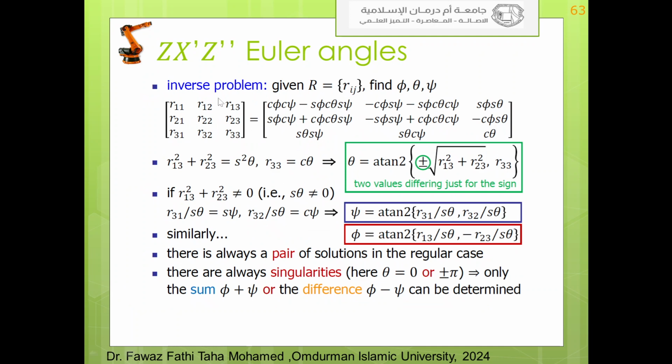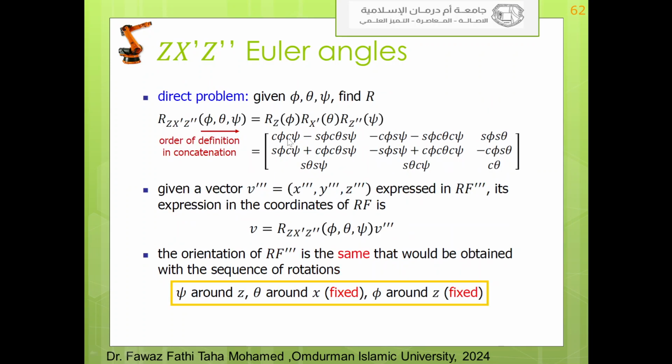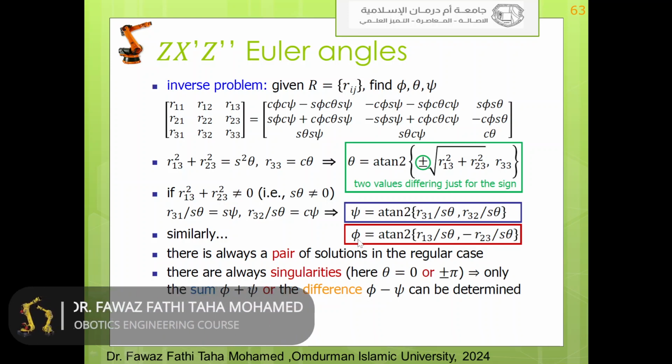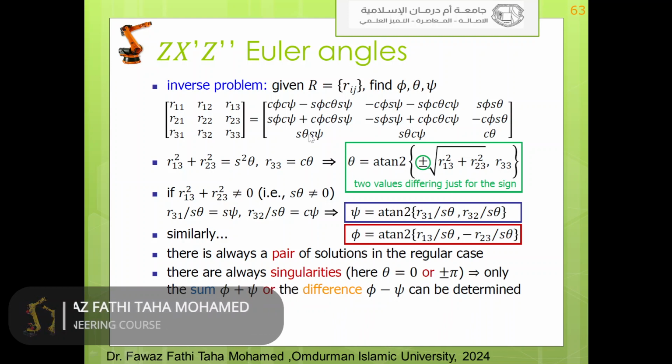Here we have the direct problem: if I have the angles, what will be the rotation matrix? In this case, if I have the rotation matrix, what would be the angles, theta, alpha, psi and phi?